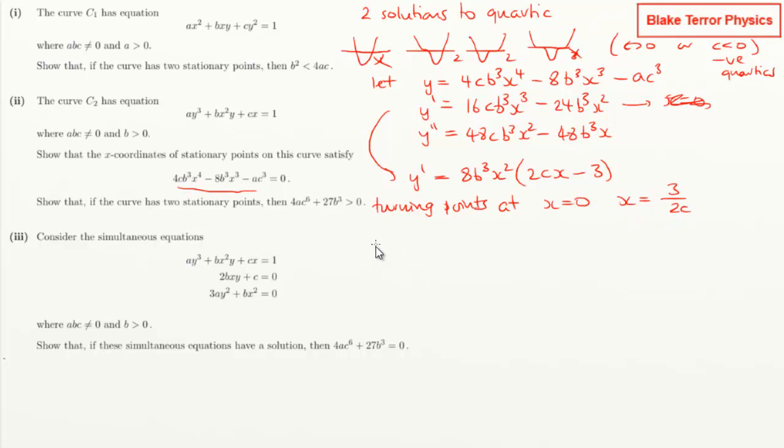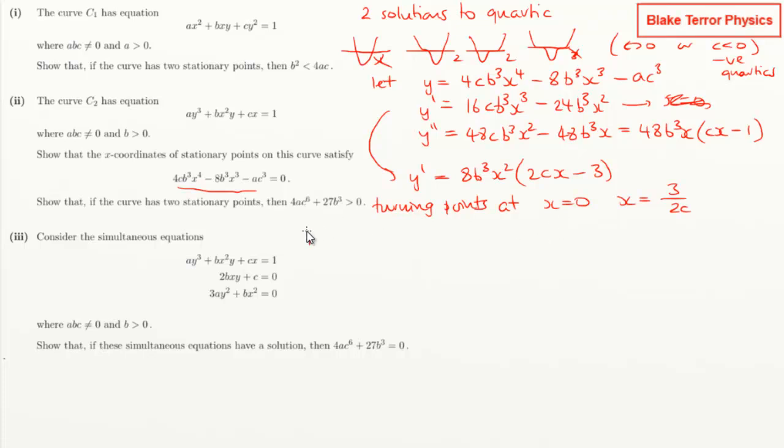Okay, right, so what am I going to get for these inflections then? I mean, this thing here, I can take a 48, a b cubed, and an x, and then say I've got cx minus 1 on there. So when x is 0, that's going to be my point of inflection. And the other one is just going to depend on whether c is positive or negative.